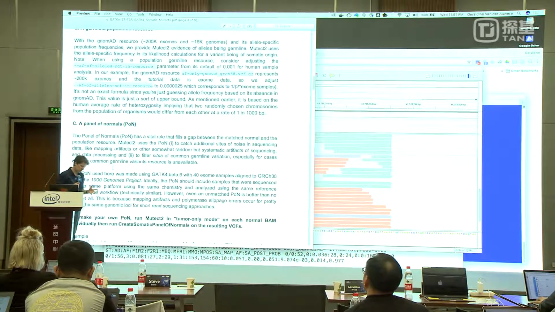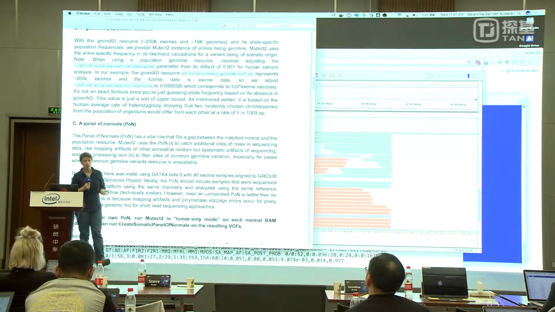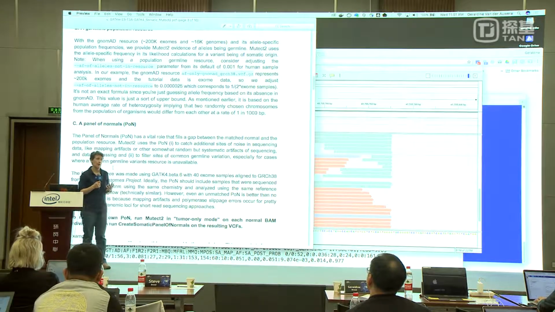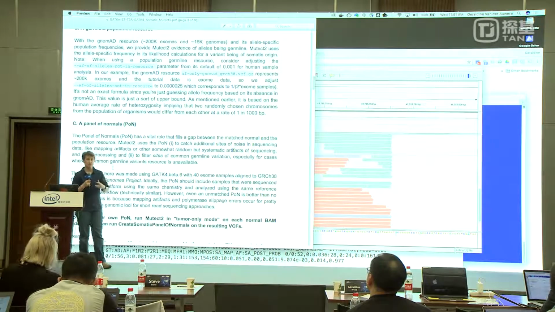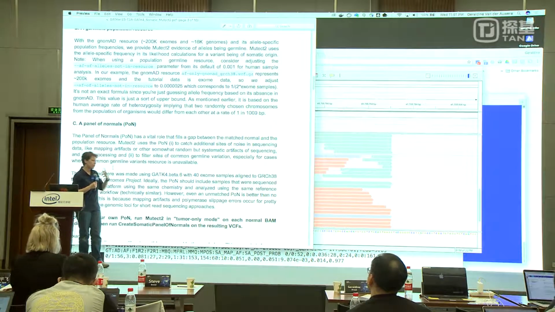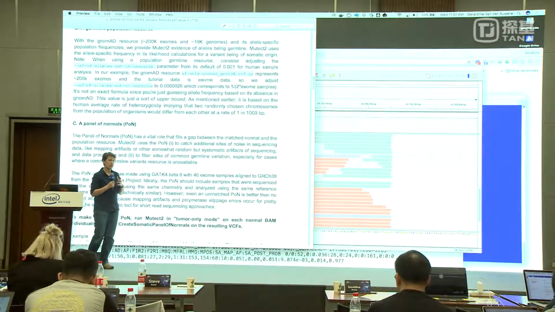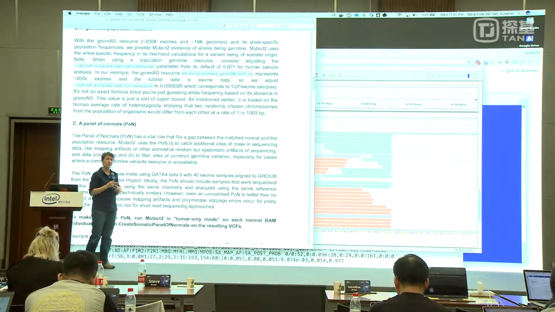If you're trying to make your own panel of normals, there's no one-size-fits-all rule. Generally speaking, the recommendation we've given in the past is that you try to get samples that are from healthy individuals, or at least not cancer patients. You try to have these be generated with exactly the same technology, including the same lab preparation, the same kits, the same sequencing machines, things like that.